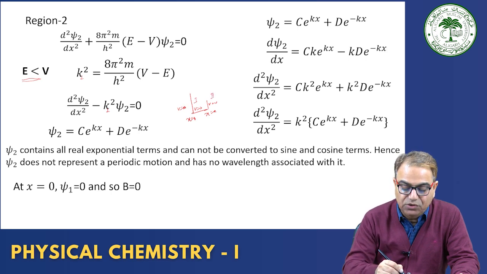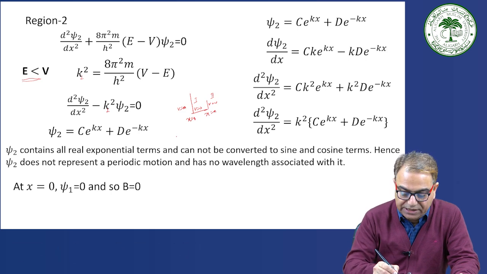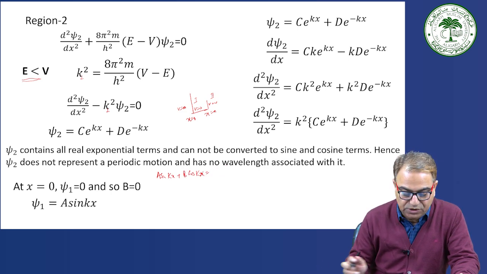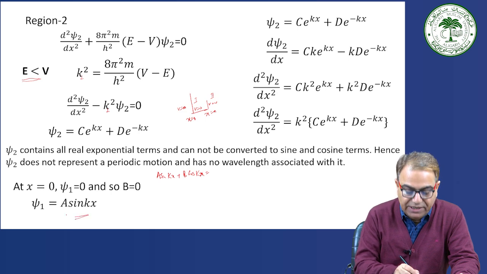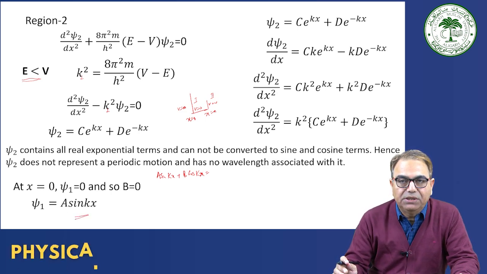If you put this value, the solution was a sin kx plus b cos kx, and this has to be equal to 0. Sin 0 will be 0, so b has to be equal to 0. If b is equal to 0, then the solution that remains is a sin kx, the same thing which we did in particle in a one-dimensional box in the earlier module.